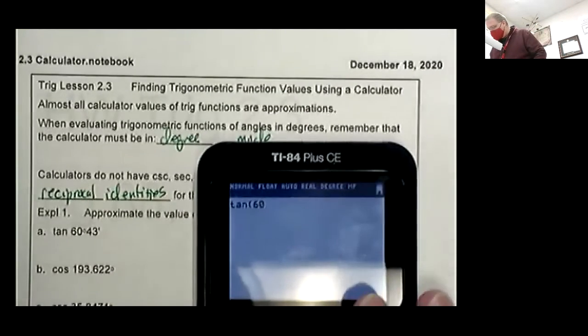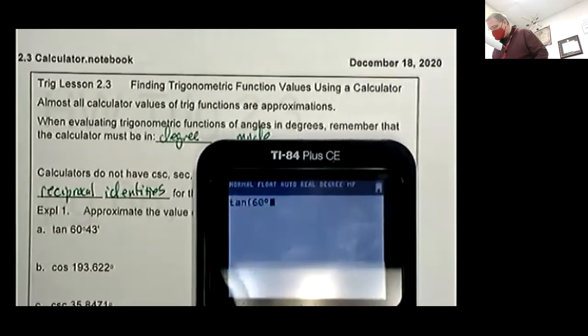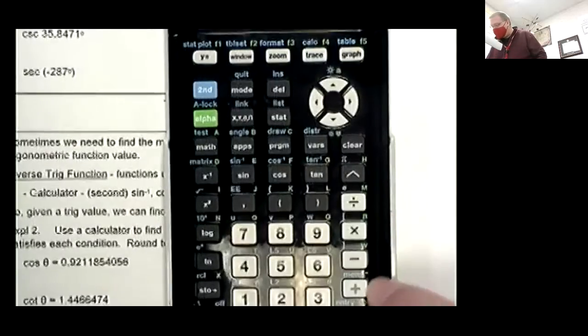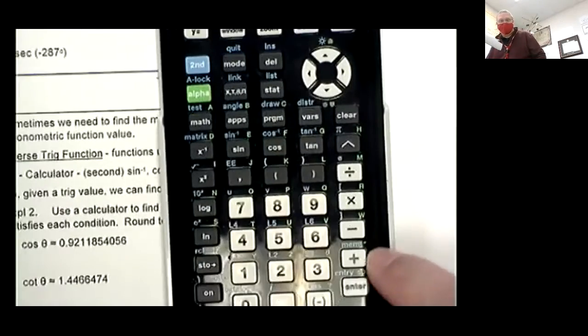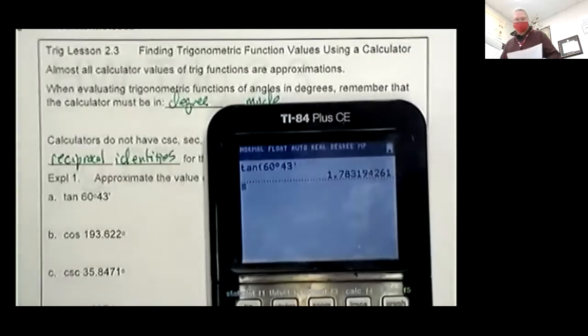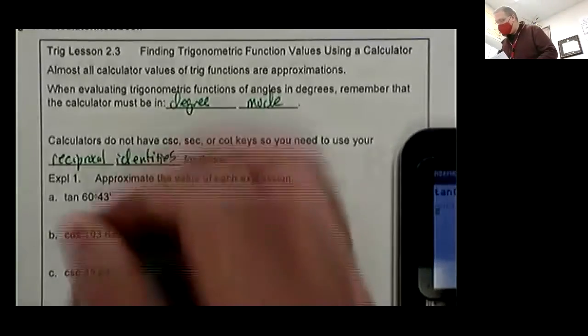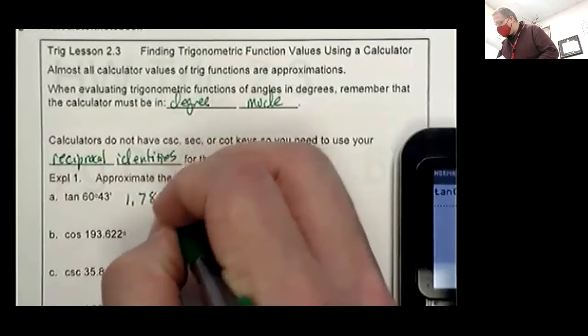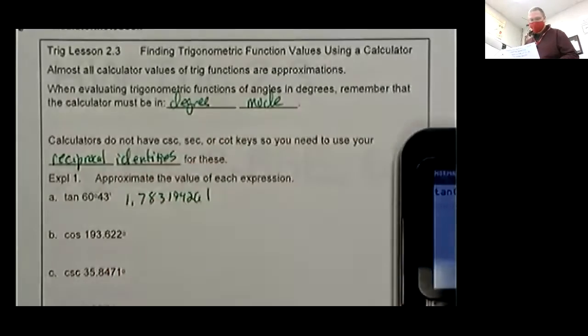To do that, I go to second angle, and there's my degrees, and there's minutes. Remember seconds if you need it: the alpha, the plus sign down here, is seconds. And that will get me a value, and we're going to just put all of those decimals down: 1.783194261. So there's our value.